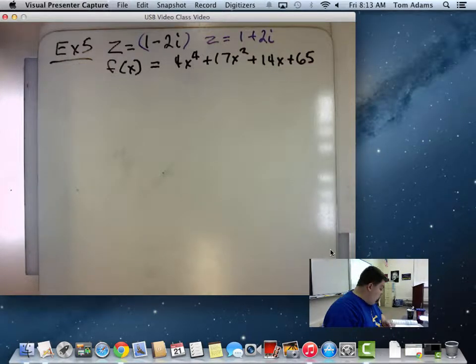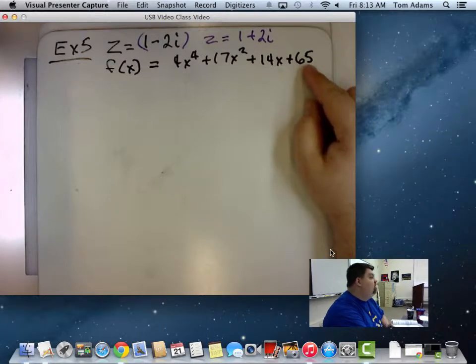So now here's what we're going to do. What they want us to do is find, they're saying that it's possible that every single one of these solutions is complex. Which I kind of see because it has a vertical shift of 65.